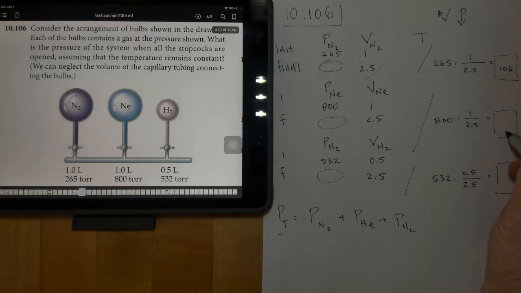The partial pressure of neon ends up being about 320 torr, and the partial pressure of hydrogen at the end ends up being about 106 torr. So then, oh, that's kind of interesting how those both end up being 106, 106 plus 106 plus 320. When we add all of those together, we get 532 torr for our final pressure.